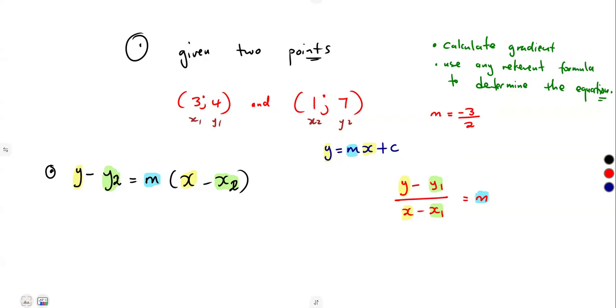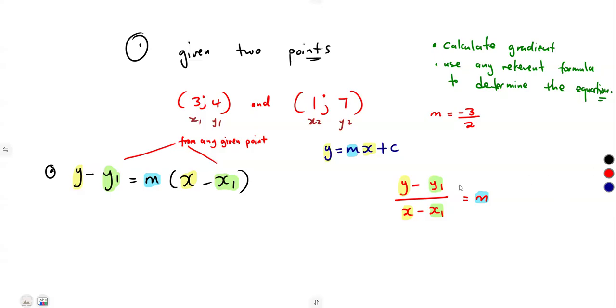So you choose any given point. In this case, let's say we are using the first point, you write x1, y1: the x value at that point and the y value at that point. So that is how you can simply determine the equation, just like that, guys.